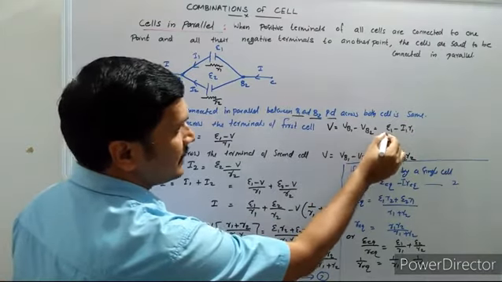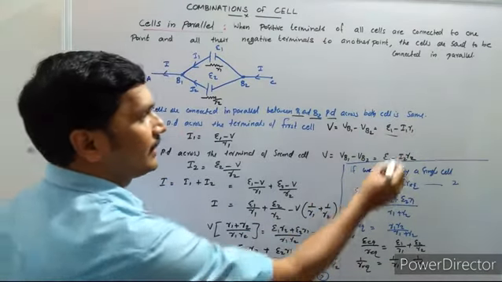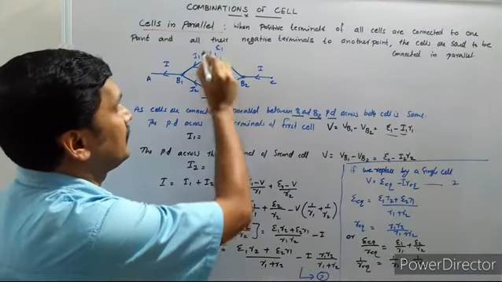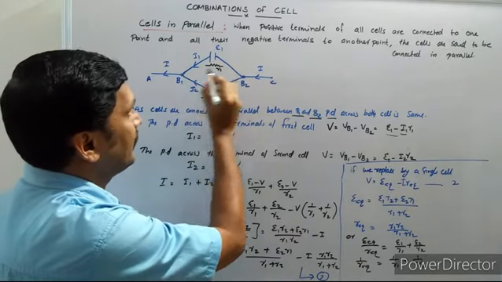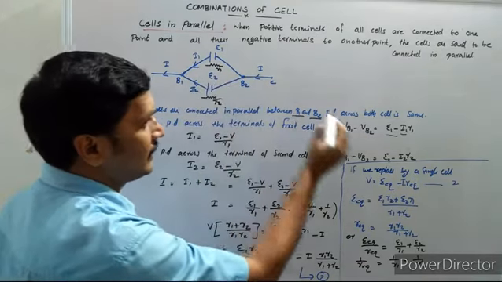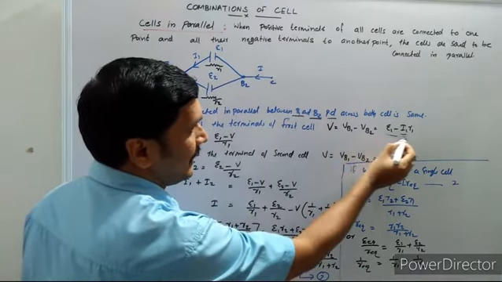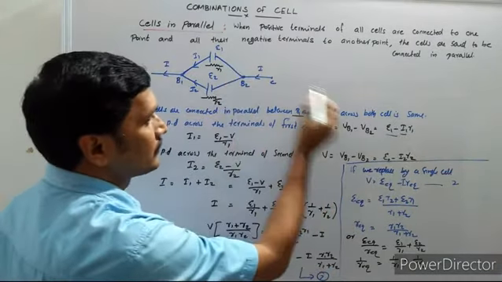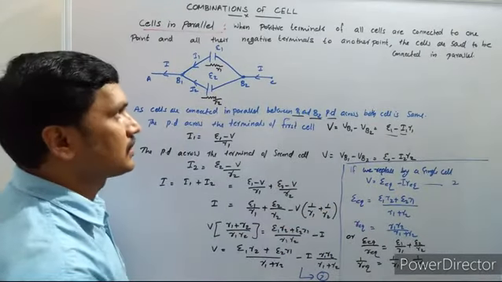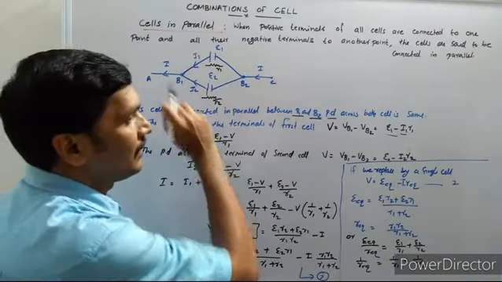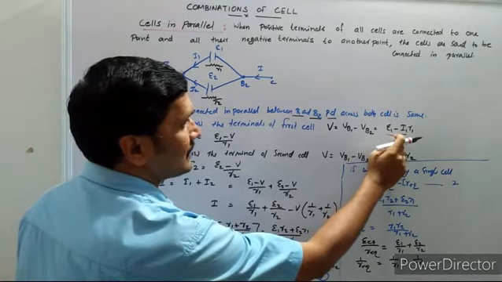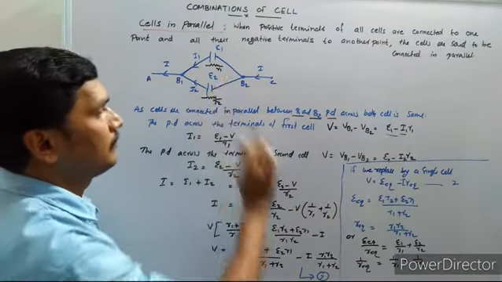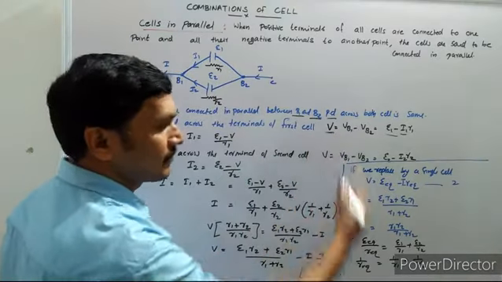E1 is the EMF of the first cell and I1 is the current drawn from the first cell. So I1 R1 is the potential drop across its internal resistance. So E1 minus I1 R1 is the potential difference between B1 and B2, which we wrote as V.